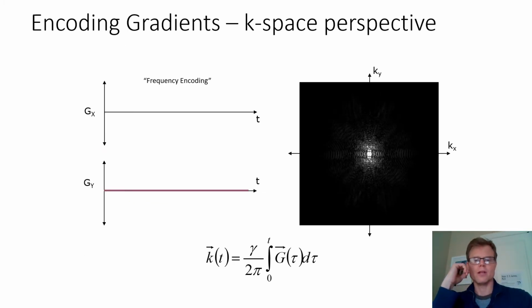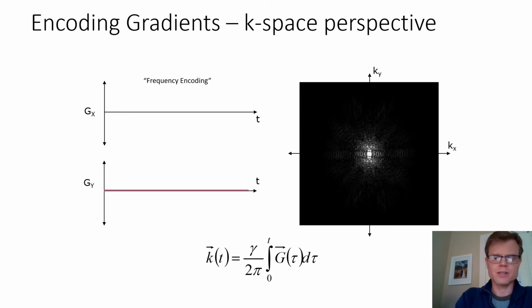So, here's the full k-space equation, where we can look at k-space as a vector of kx, ky, even kz. The magnetic field gradients as a vector gx, gy, gz. And this is the equation that I wrote on the other pages, just expanded into the vector form.